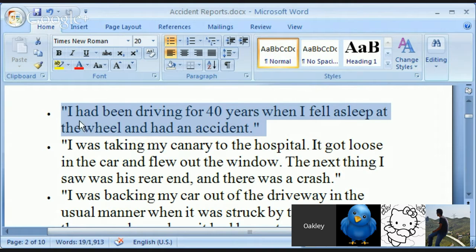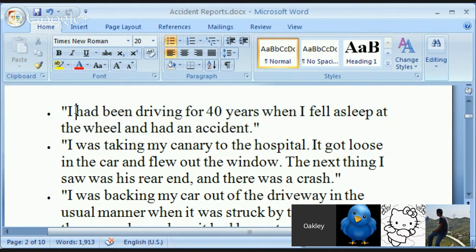Okay. We have "had been driving," a past perfect continuous. Yeah. All right. And then "when." Maybe this is wrong. For example, "I had been driving for 1 hour or so." Right. It appears that he has actually been driving non-stop for 40 years.